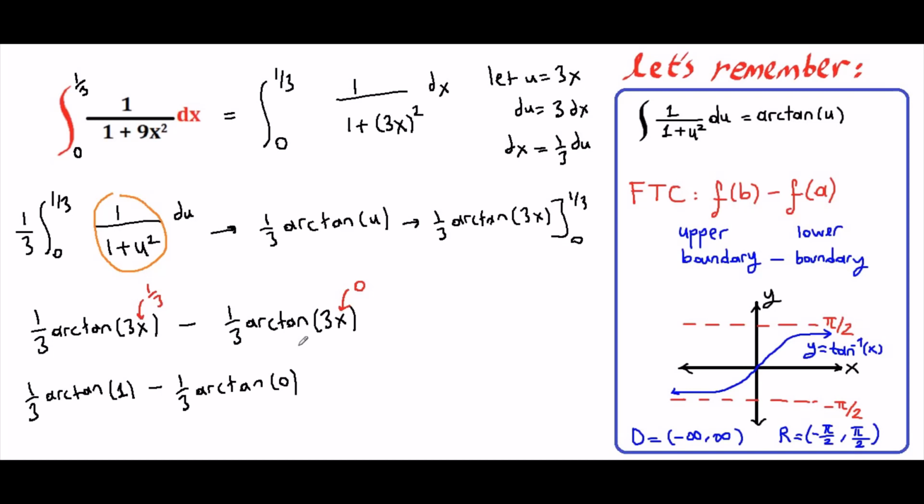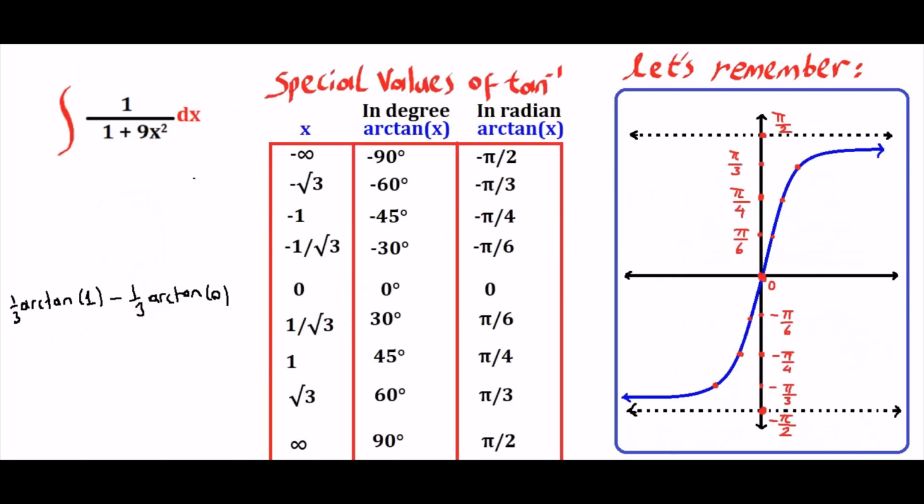Now let's check out the special values of arctangent. This is what we obtained at the end of integration. Arctangent of 1 is equal to pi over 4, so we have 1/3 times pi over 4 from arctangent of 1, checking the special values of arctangent, minus 1/3 times arctangent of 0, which is 0, as you can see graphically or table-wise.